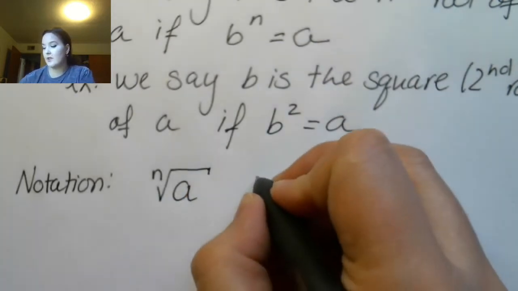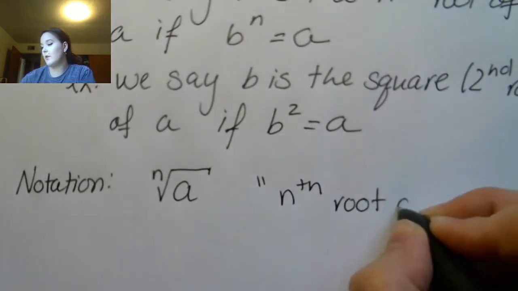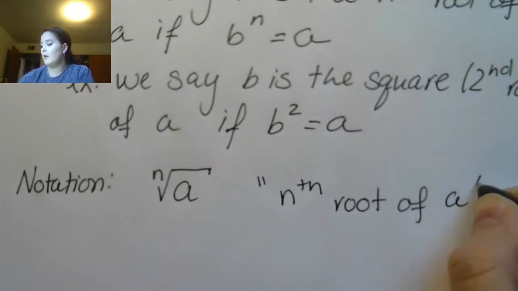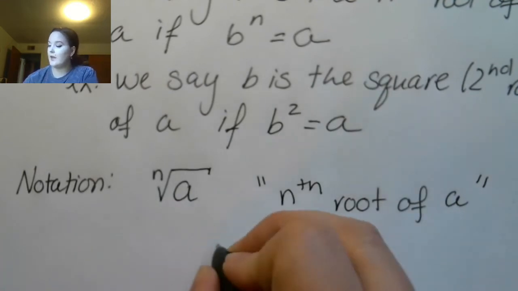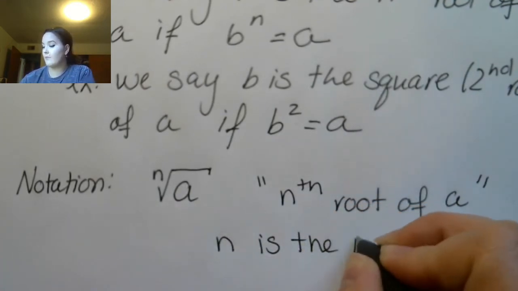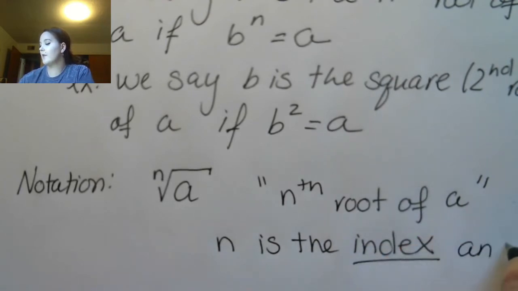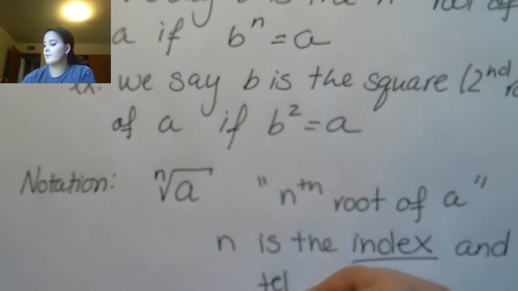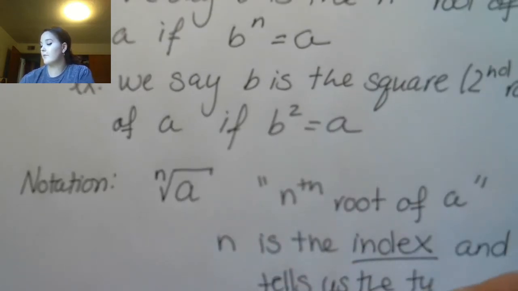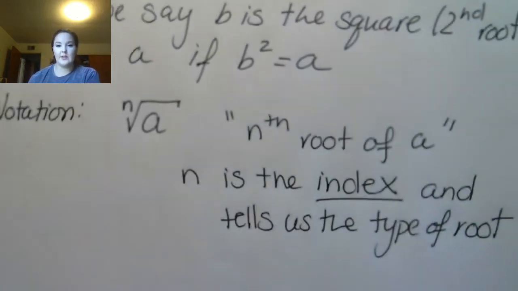We would say this is the nth root of a. n is the index. The index tells us the type of root.